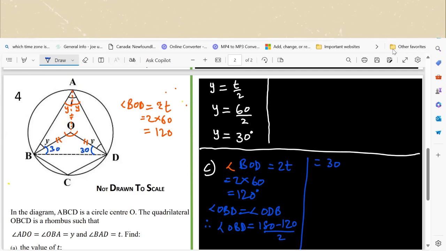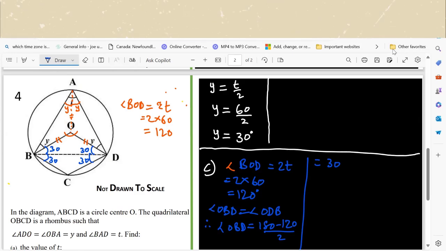And because we are dealing with a rhombus, we also have angle CBD to be 30, because BD is a symmetric line to that rhombus.